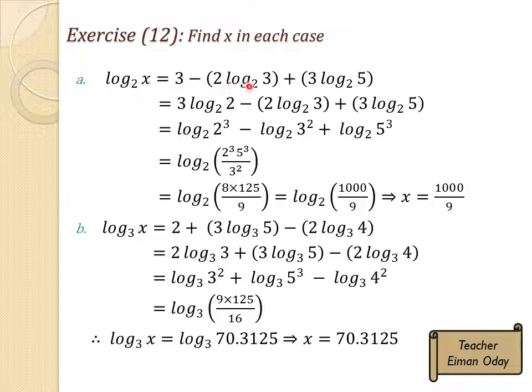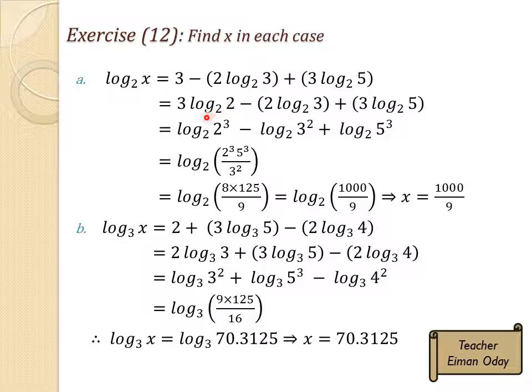This term contains a logarithm and this term contains a logarithm. Since I just have 3 here, I know that log base 2 of 2 is 1, so it is just like 3 multiplied by 1. So I put this value here to make all 3 terms contain logarithms.